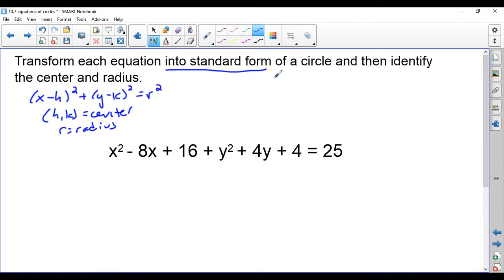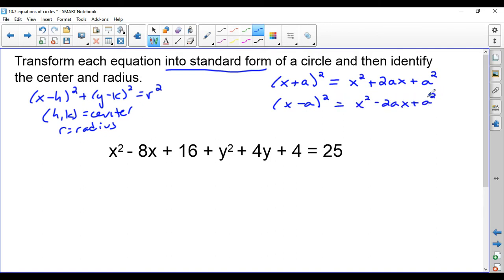Quick reminder from earlier in the year. When you have (x plus a) and you square it, you get x squared plus 2ax plus a squared. When you have (x minus a) and you square it, you get x squared minus 2ax plus a squared. So if we look at the first three terms, I have x squared minus 8x.